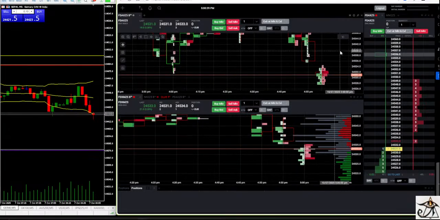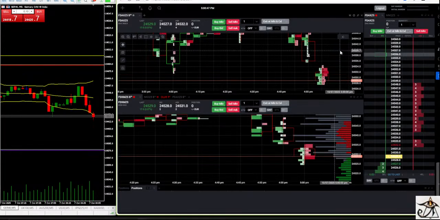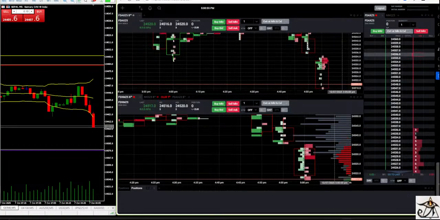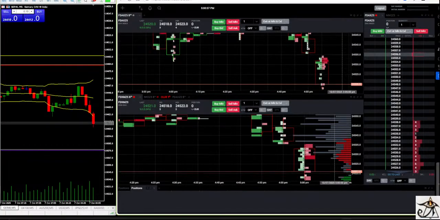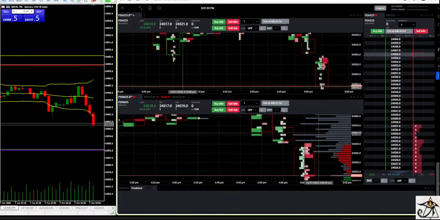Basically no orders, so that tells me the market might be waiting for London to come in before it makes any executive decisions. Seems to be moving down a little.